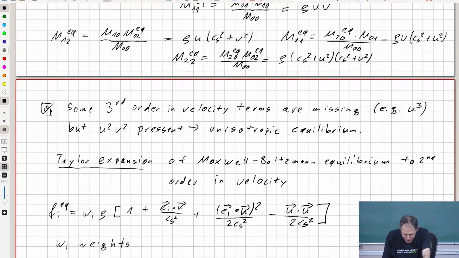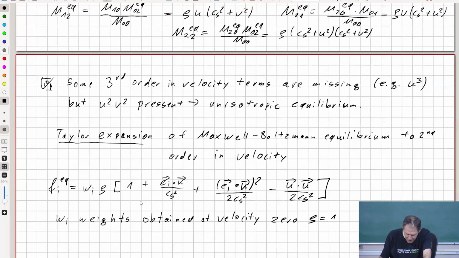So these w_i are the weights that can be obtained at velocity 0 and rho equal to 1 from the Boltzmann equation, so the w_i depend on the direction in the lattice.